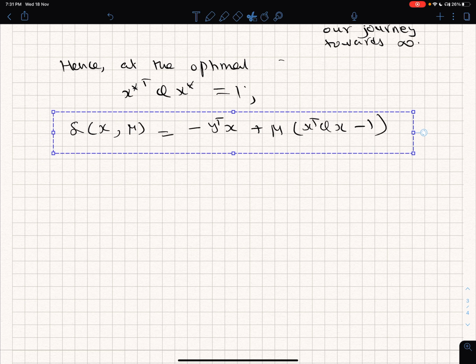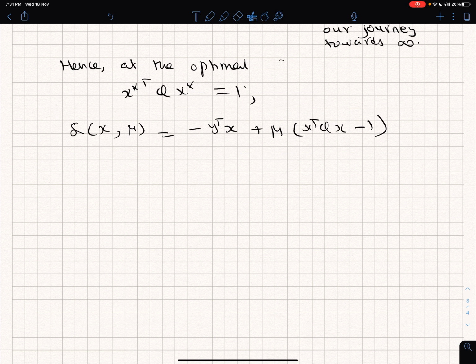When I take the derivative with respect to the x variables at x star, mu star, the derivative of the first term is just minus y. X is the variable, y is a fixed vector.